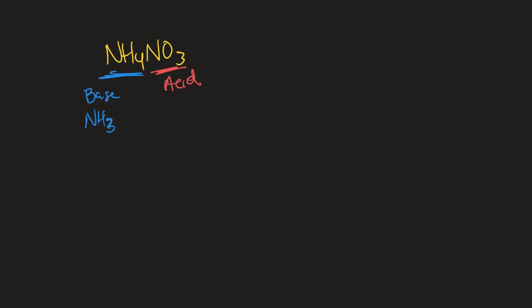So that's your base. We know this is a weak base. NO3 comes from the acid HNO3, so this is a strong acid. If that's the case, then we know we have an acidic salt solution. So that's how you're able to tell, looking at what type of salts, if it's acidic, basic, or neutral.